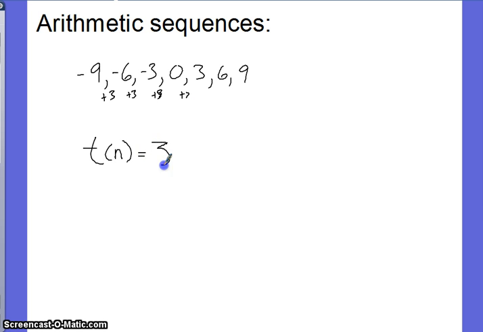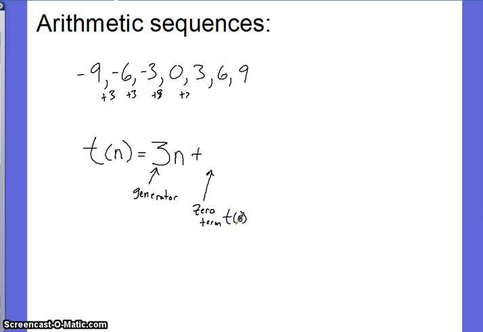In this instance, it's 3. So we put 3n. Again, this is our generator, or what we're adding by to get to each term. Plus, and then in this spot, we put our 0th term, or t sub 0.